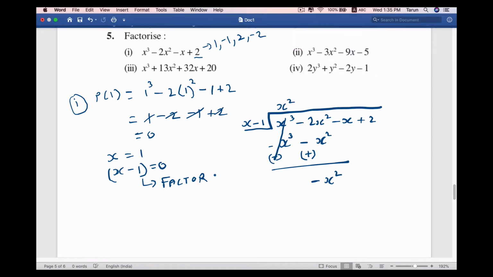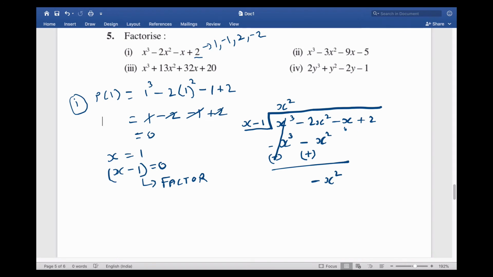This will give me minus x square. Then we will bring down minus x. So now I want minus x square, so I will multiply it with minus x, which will give me minus x square plus x. Now the signs will get reversed. This and this will get cancelled.